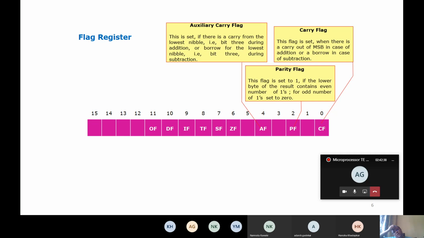So if I want to perform addition of two BCD numbers, and if I expect the result to be BCD, then it may not be possible directly in 8086 environment, because 8086 processor treats every number by default as a hexadecimal number. 8086 processor considers every number by default as a hexadecimal number.